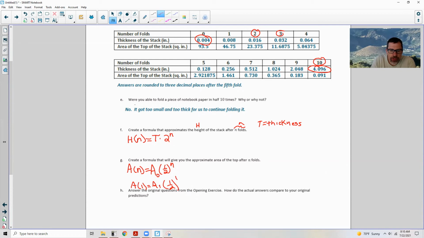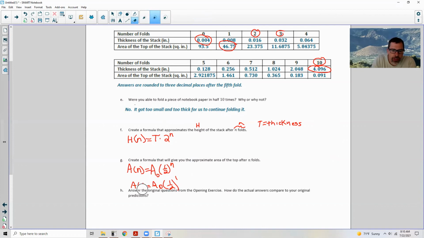Okay, actually, no, that stays a sub 0. So what we're taking is the area without folding it, the starting area, 93.5. 1/2 to the first power is 1/2. Half of 93.5 is 46.75. Okay, and then it looks like it is working.